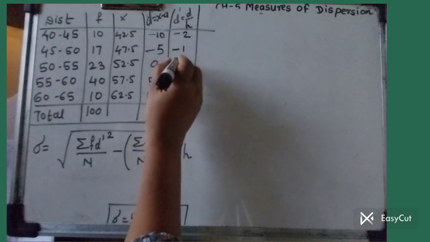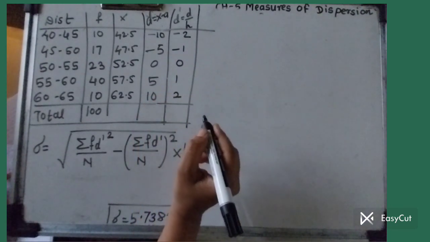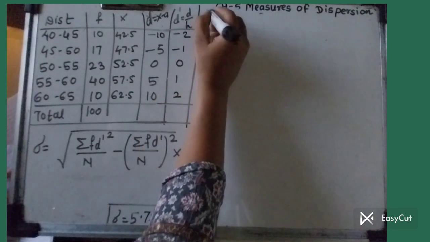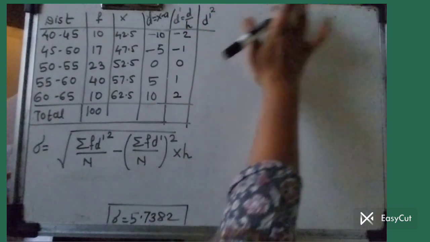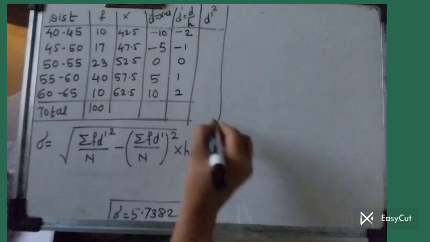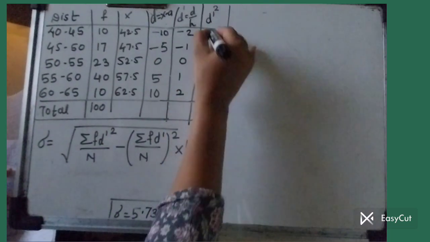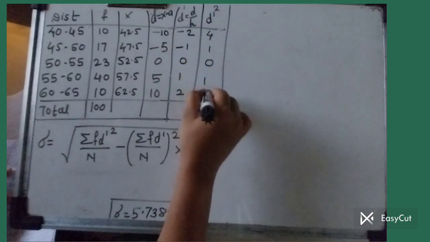Here minus 1, 0, 1, 2. Now we require d dash square. Find the square. Here 4, 1, 0, 1, 4.